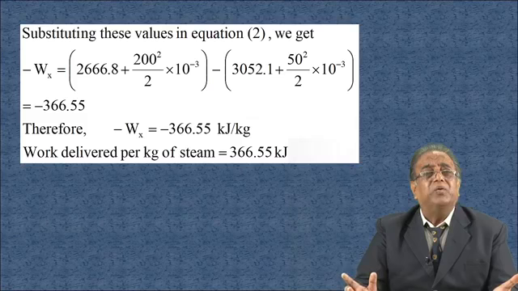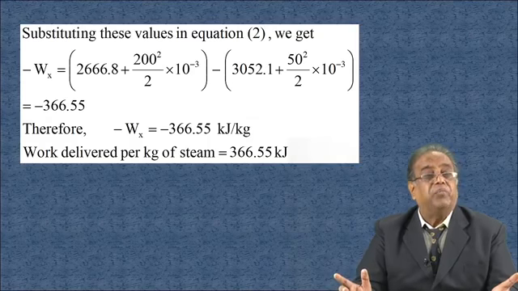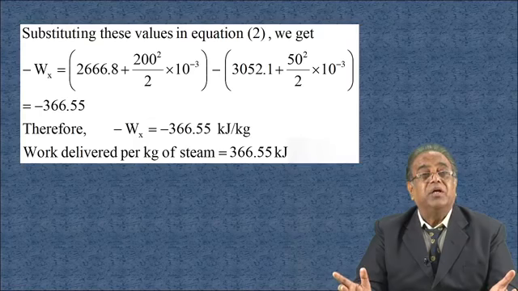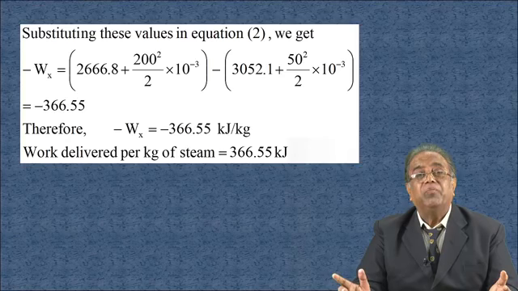Substituting these values in equation 2, we get minus Wx is equal to within bracket 2666.8 plus 200 square divided by 2 multiplied by 10 to the power minus 3, minus within bracket 3052.1 plus 50 square divided by 2 multiplied by 10 to the power minus 3.